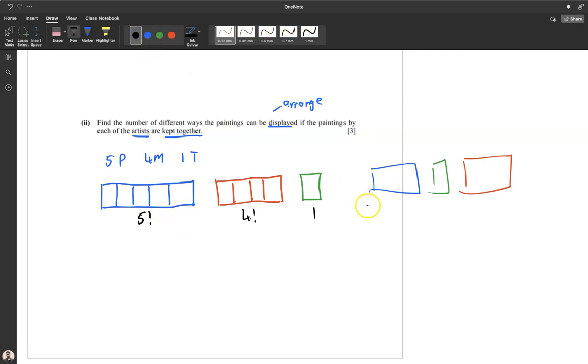The answer is 3 factorial. So I take 5 factorial multiplied by 4 factorial times 3 factorial. That's the final answer you should be getting, so you end up with 17,280 different arrangements.